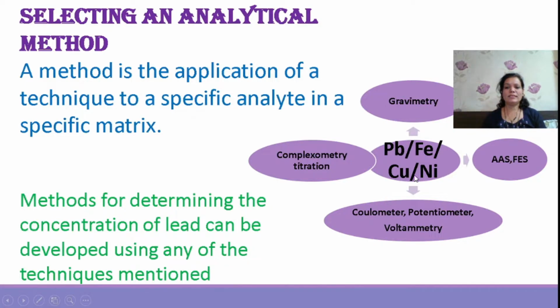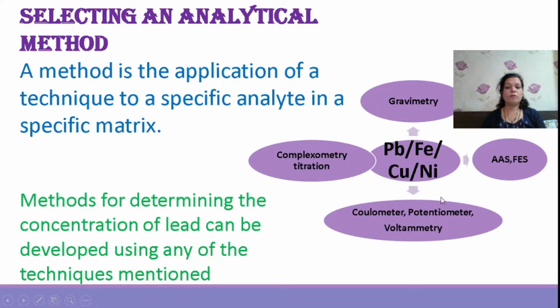So if these are the different elements present in my analyte, or suppose we concentrate on only one element like Fe. Fe can be determined by gravimetry, Fe can be found out by AAS, Fe can be found out by complexometric titration, Fe can be found out by coulometric, potentiometric or voltammetric titration.